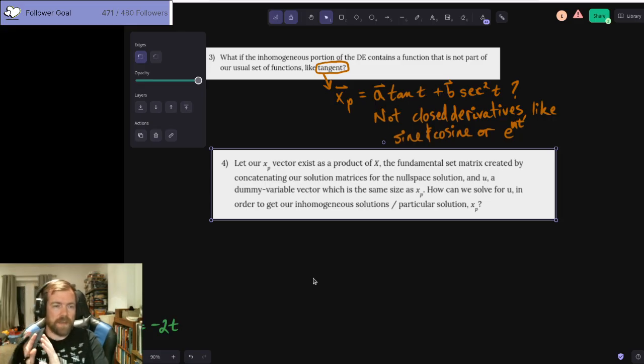We're just taking all of them in any order, by the way, and sticking them next to each other as columns of a particular matrix. In this case, we're doing the same thing, but instead of the eigenvectors by themselves, it's going to be the kinds of functions that we're using for all of our solutions.